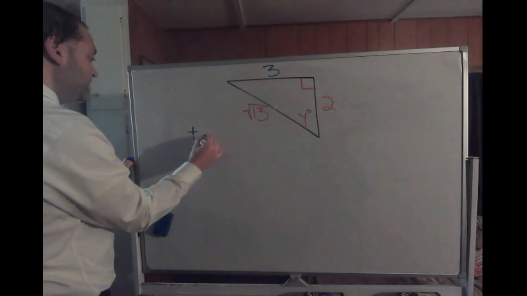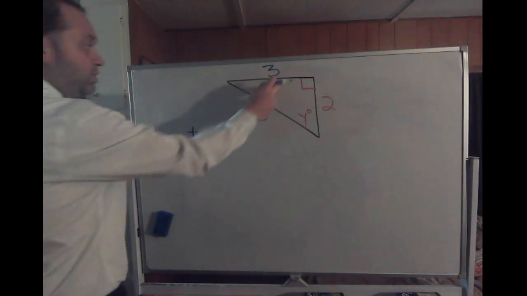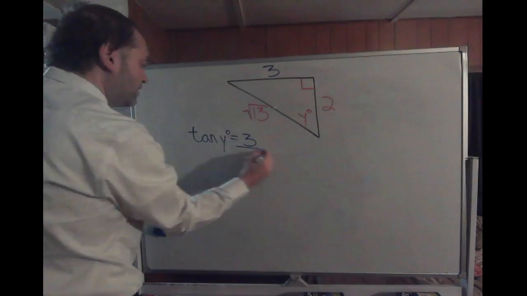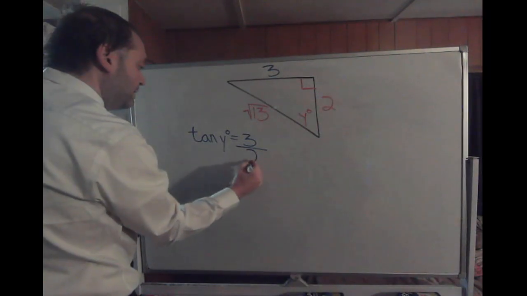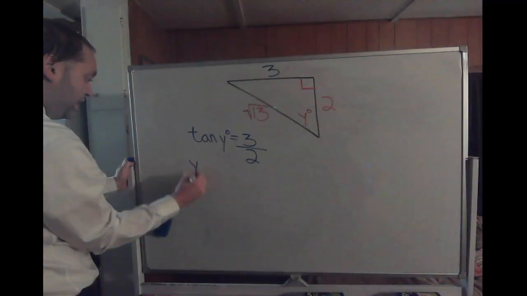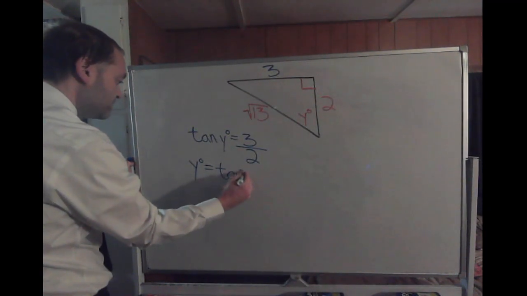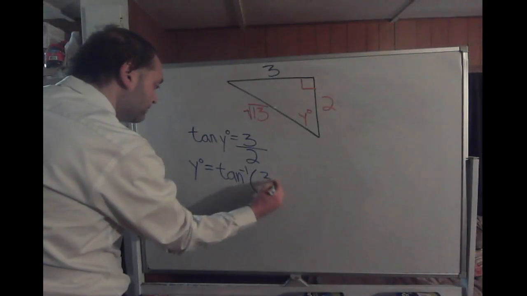Now that we have both legs, we can set up our tangent ratio and solve for y. So if we take the tangent of y degrees, that's going to be equal to our opposite leg of 3 over our adjacent leg of 2. Which then means, of course, that y itself would be equal to the tangent inverse of 3 over 2.